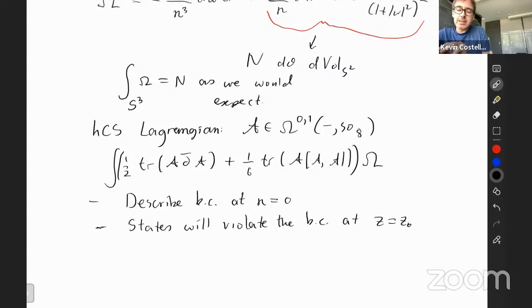It turns out that asking that A has a zero is a good boundary condition. So asking that A goes like N near N equals 0 is a good boundary condition.